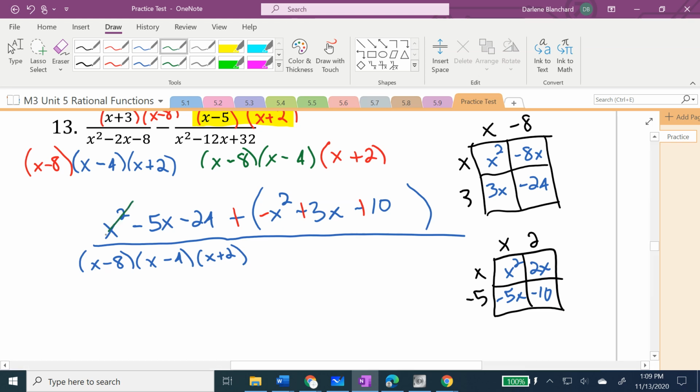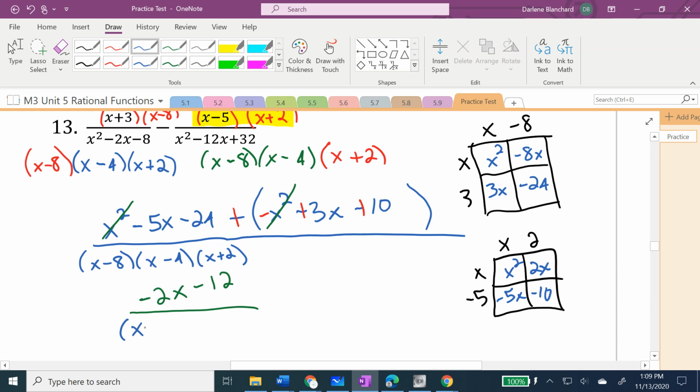Bye bye x squared. Then we have negative 5x plus positive 3x, giving us negative 2x. Then we have negative 24 plus 10. And that would be my simplified numerator.